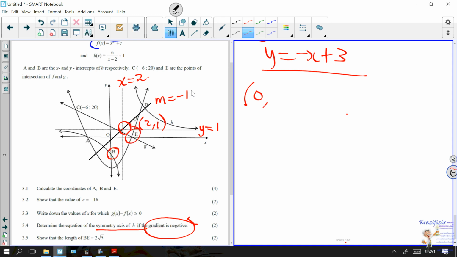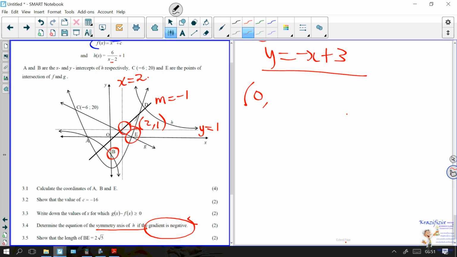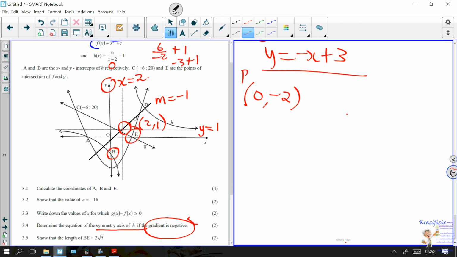I need to go back so long, but I can quickly calculate that again here, because I don't want to go back on this video. It's going to take me a while to find it. 0 minus 2. All right, so 6 over negative 2. Because remember on my y, my x is 0, right? That's why we have 0 minus 2 plus 1. This is negative 3 plus 1. And that gives me negative 2. So this is the coordinate of B.